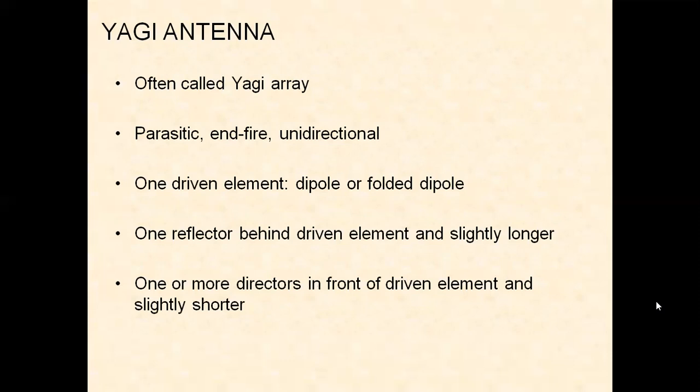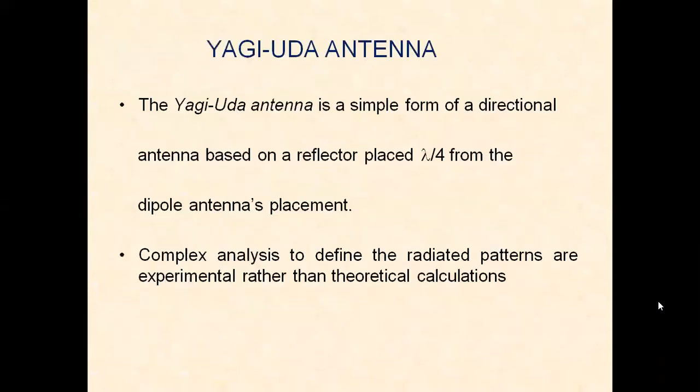One or more directors in front of the driven element and slightly shorter. The Yagi antenna is a simple form of a directional antenna based on a reflector placed lambda by 4 from the dipole antenna. Typically, we can take lambda by 10 as the spacing between them.